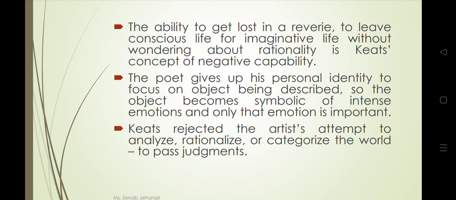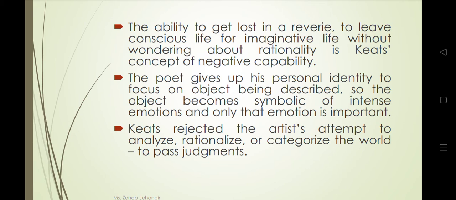As we see in Ode to a Nightingale and Ode on a Grecian Urn, in both these poems we will see a focus on objects, and the objects become symbolic of intense emotions. Obviously the poet delivers his intense emotions through these objects.